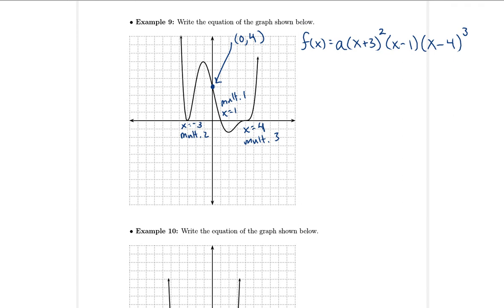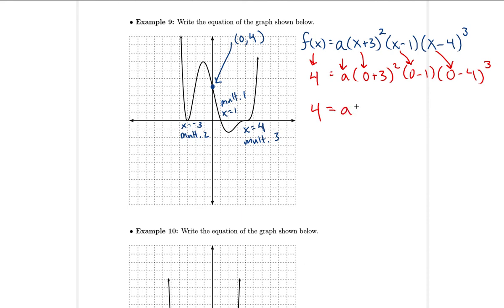So what that means is that if I plug 4 in for f of x, and 0 in for x everywhere, then the only unknown is a, right? So now I can just solve this.